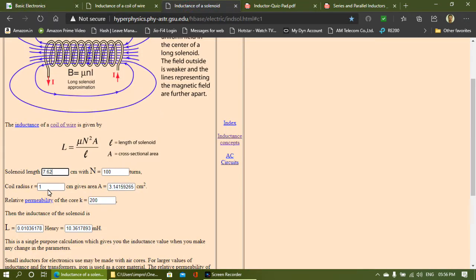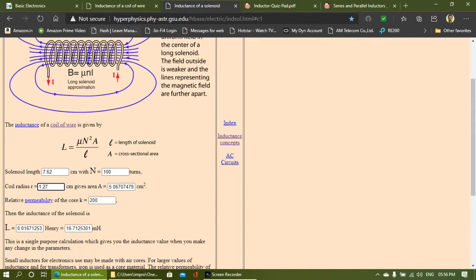Keeping all the values the same, we only have to change the diameter. If it is half inch, then 1.27 centimeter. At half inch radius, it will give us an inductance value of approximately 16.71.